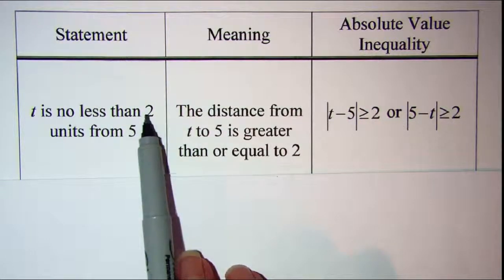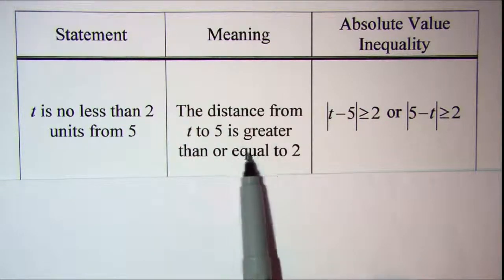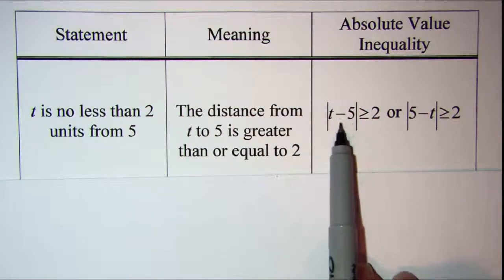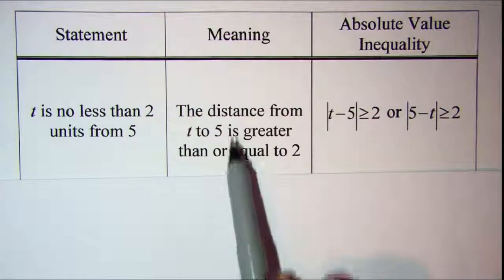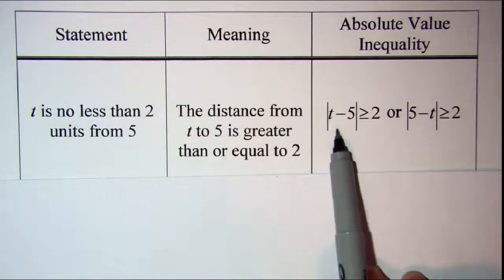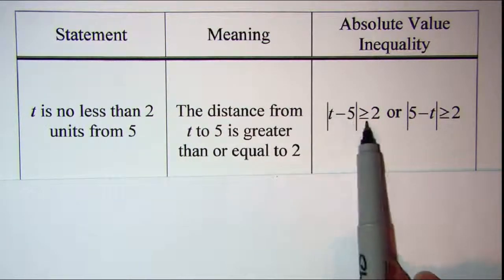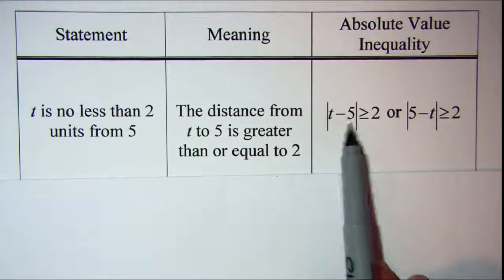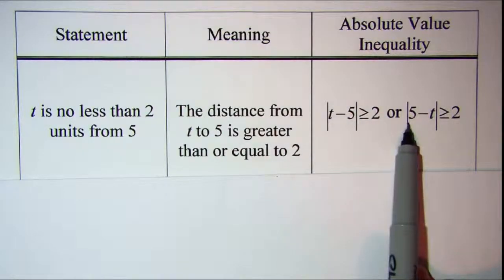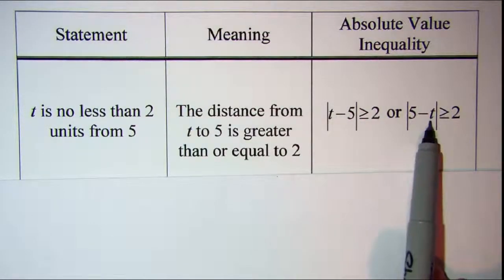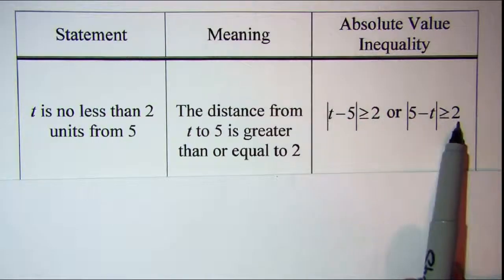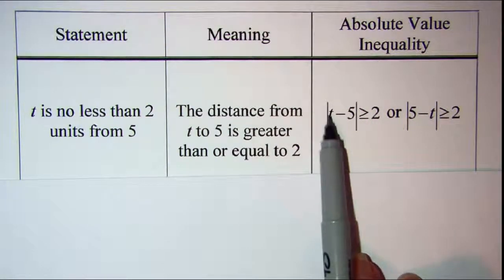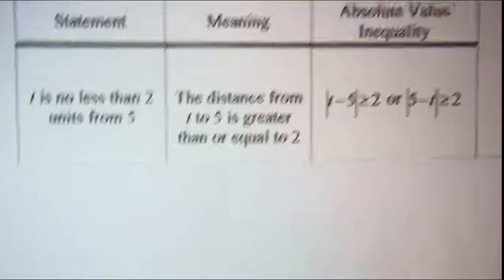No less than 2 means it's greater than or equal to 2. So the absolute value inequality that we would write to show this statement would be the absolute value of t minus 5 is greater than or equal to 2, or remember, you can do this in the reverse order and you'll still be okay with that. 5 minus t is greater than or equal to 2. Now I usually use this one because I like to have my variable written first.